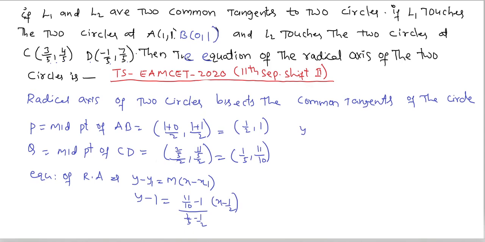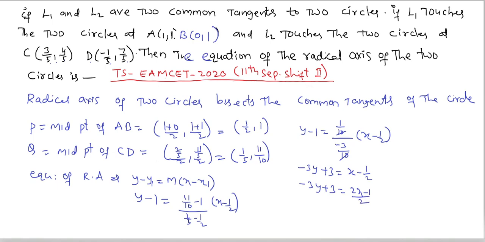That is (1/10) divided by (-3/10), into (x minus 1/2). The 10 cancels. Taking cross multiplication, minus 3y plus 3 equals 2x minus 1.